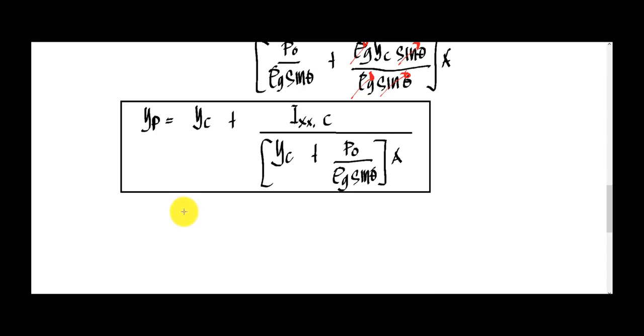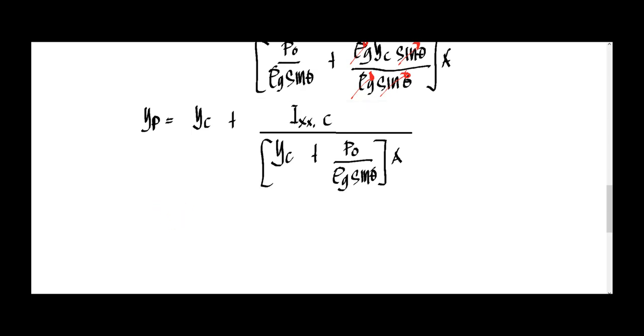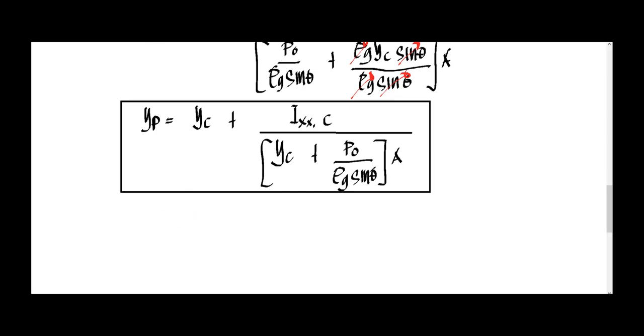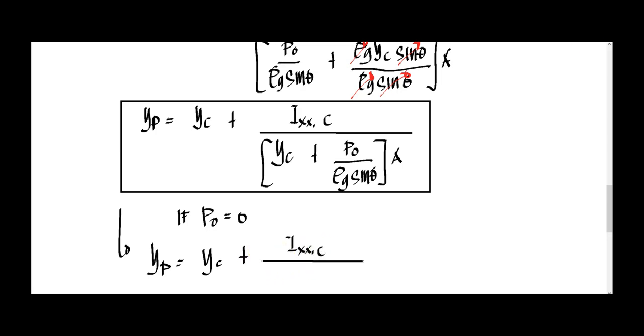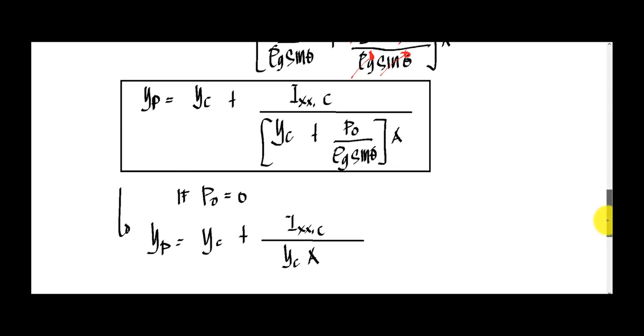So if our atmospheric pressure is equal to 0, our equation simplifies into YP equals YC plus IXXC divided by YC times your area.